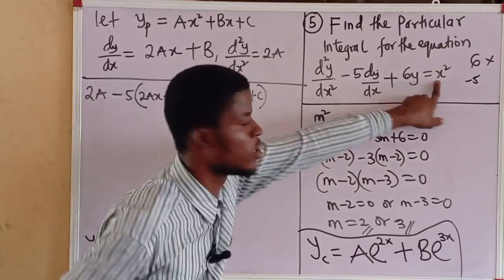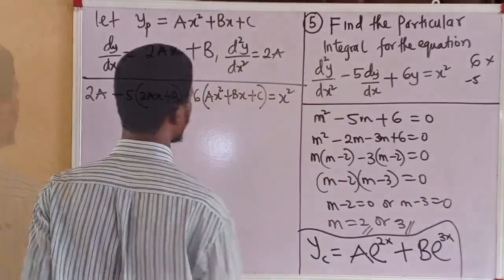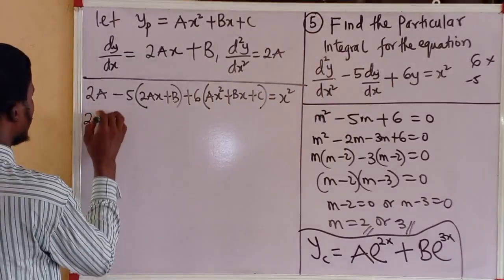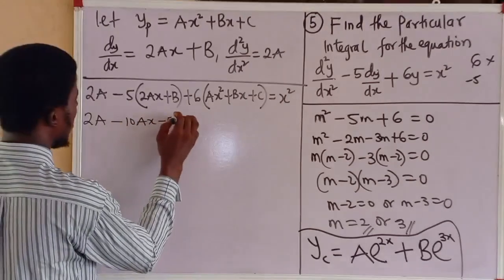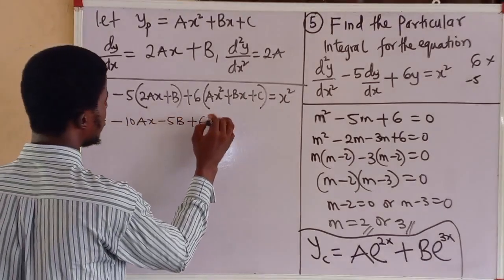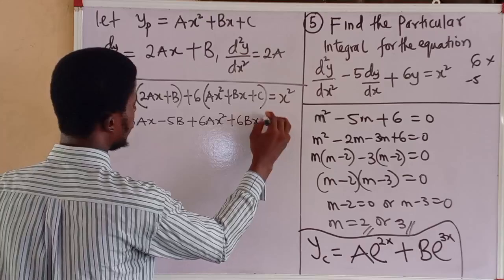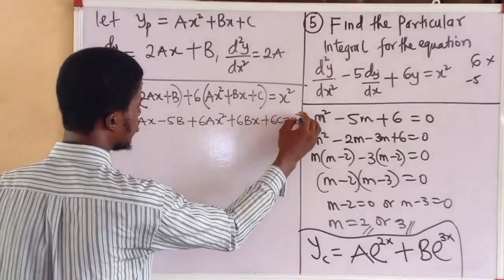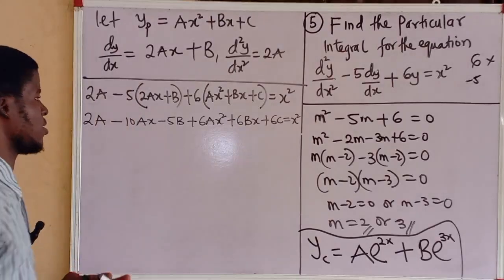Everything is equal to what? x squared. So let me expand. I have 2a minus 10ax minus 5b plus 6ax squared plus 6bx plus 6c equal to what? x squared. Let us determine the constants a, b, and c.